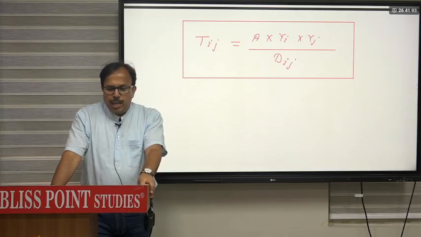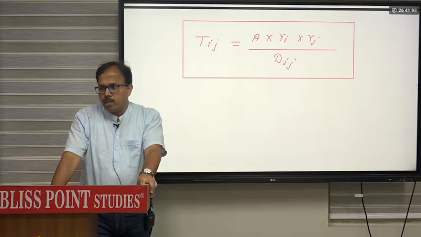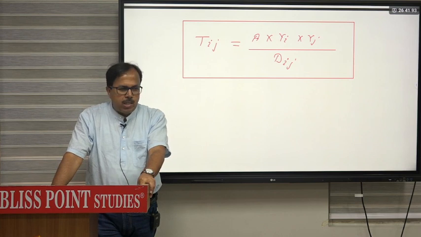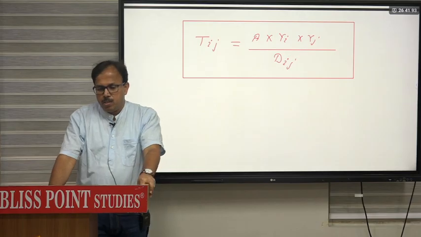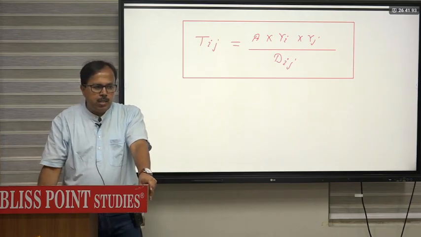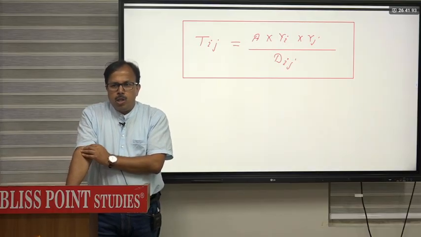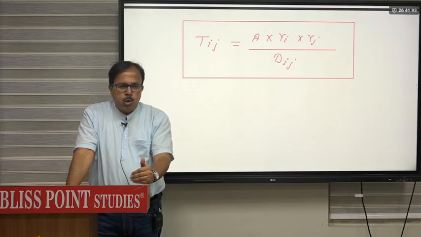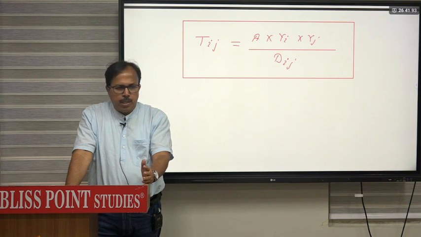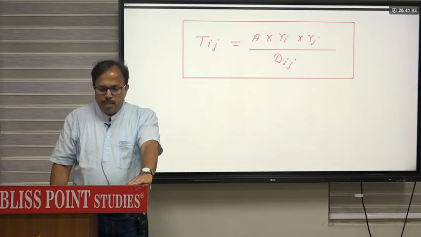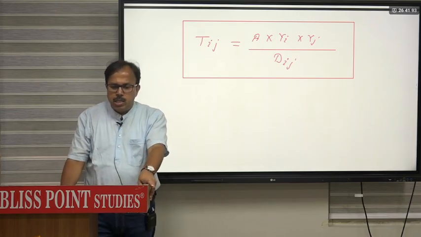Below that, therefore, keeping other things constant, the value of trade between two countries is proportional to the product of the two countries' GDP, and it diminishes with the distance between the countries.